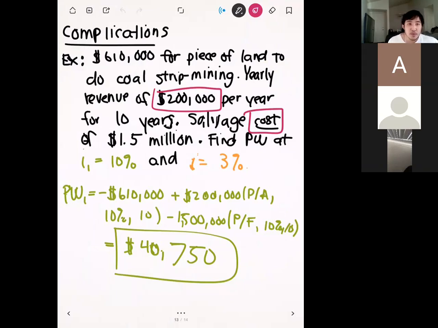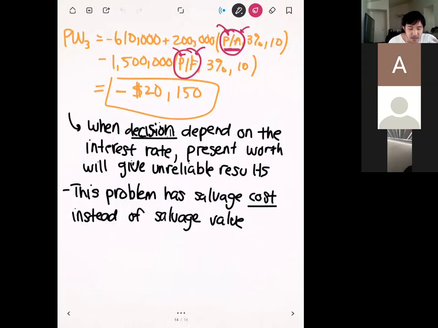It would be reliable if we did this analysis with 10% and got a net positive number, which means it's a good investment and we're going to make some money. And if we did the same analysis at 3% and also got a net positive number, say positive 20,000 instead of negative, then our decision is the same no matter what the interest rate is, and those results are reliable. But in this case, we got a positive number for one interest rate and a negative number for another, so we can't say that the results are reliable.